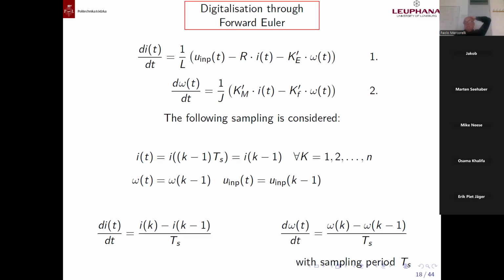The same consideration can be done for omega. We can see at the end of the page the dynamics of the current and the dynamics of omega.